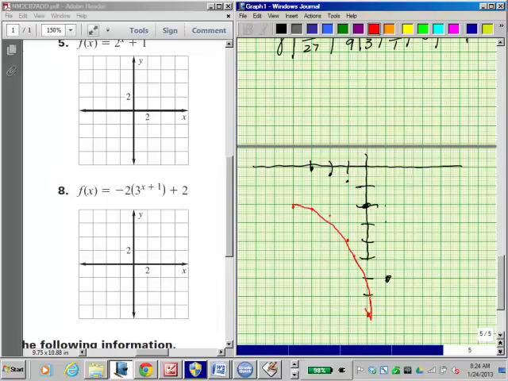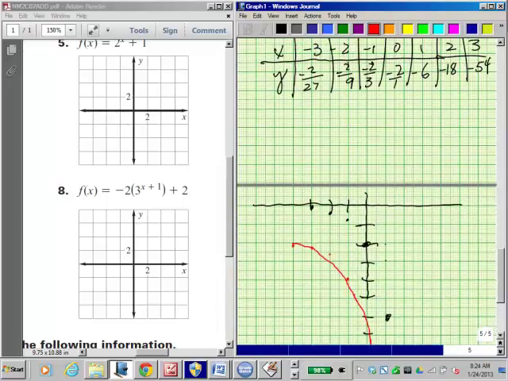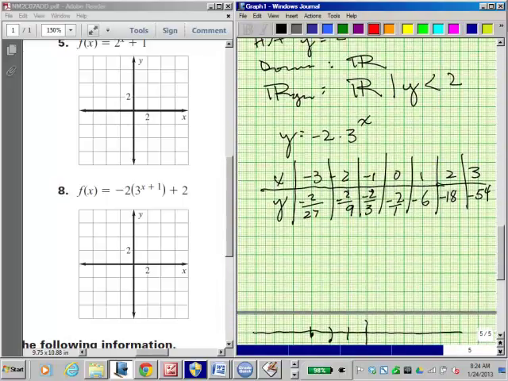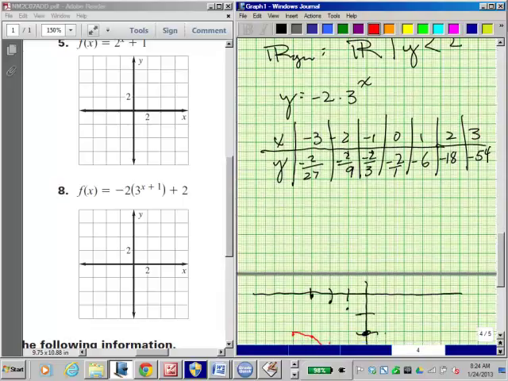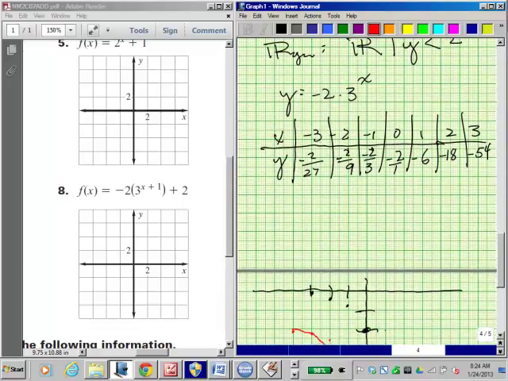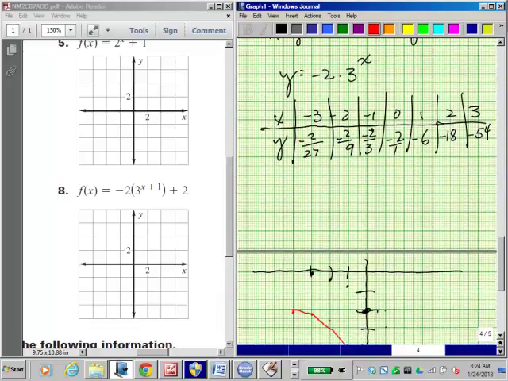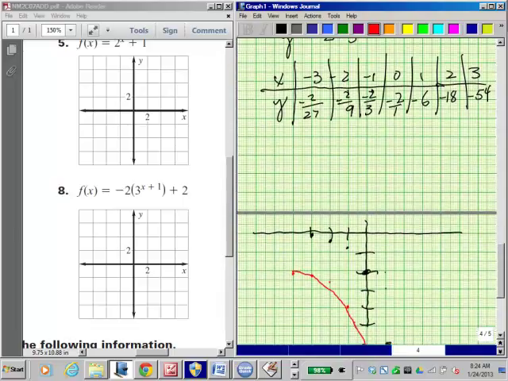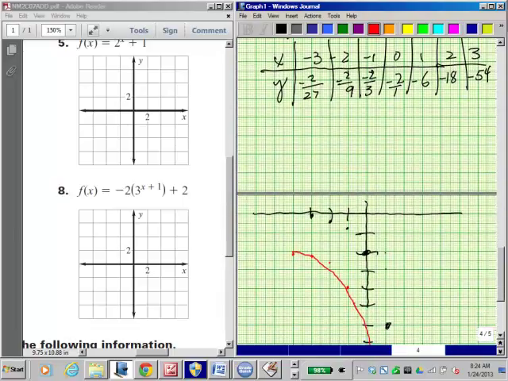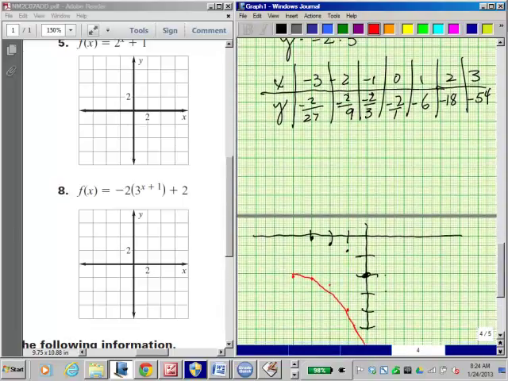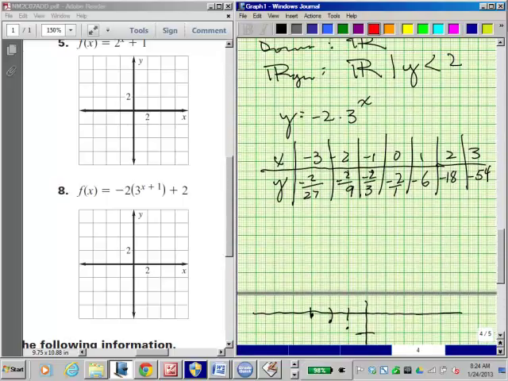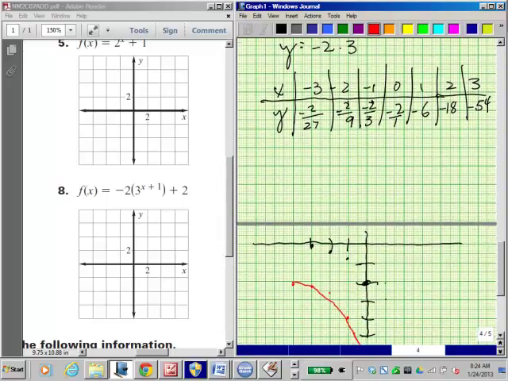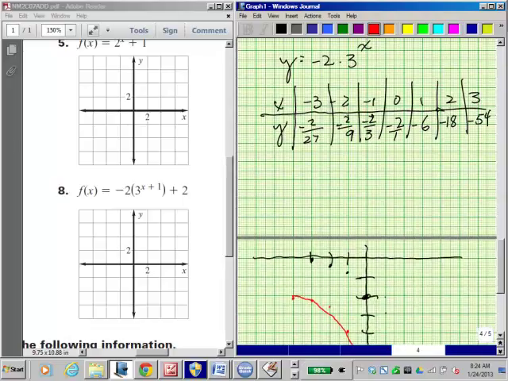And here is... no, I screwed up. I misread it. I should have gone up.